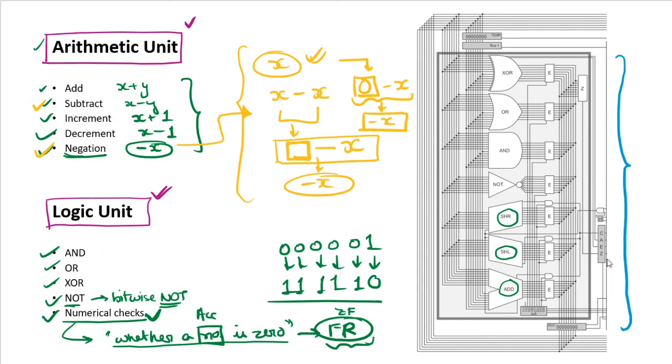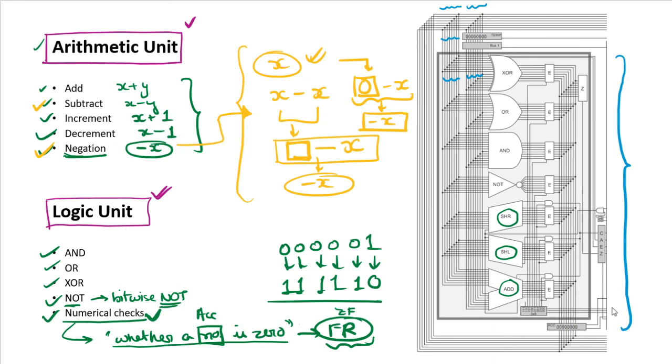We will see that there are many logics implemented inside the ALU, because the ALU supports various operations. All the logic for all the operations is built into the ALU. These lines represent operand 1, these lines represent operand 2, and this is the operation code.